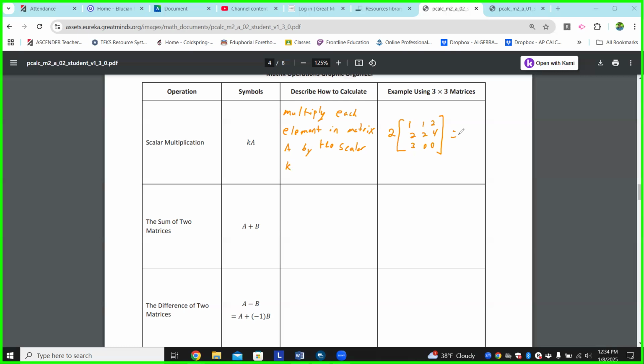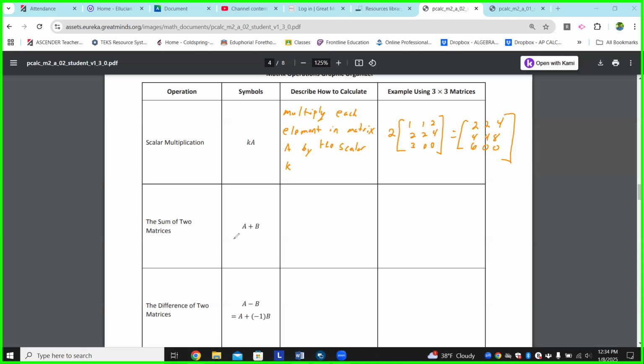We all got an answer? All right. Again, I'm just going to take that scalar, multiply to every element in that matrix. So in this case, it would be 2, 2, 4, 4, 4, 8, 6, 0, 0. You good with all that?